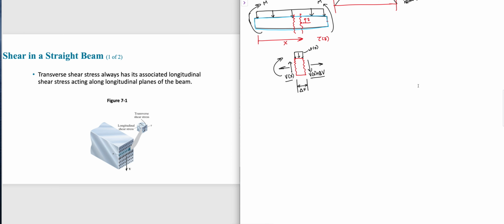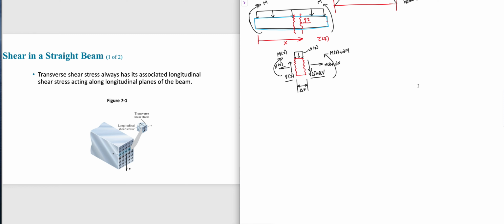That difference is what I'm assuming to be delta V. What about moment? It's the same. If I assume that this is moment at X, I'm going to assume that this moment is moment X plus a small change in moment, dM. And this is the normal force at X, and this is X plus a small change in the normal force.